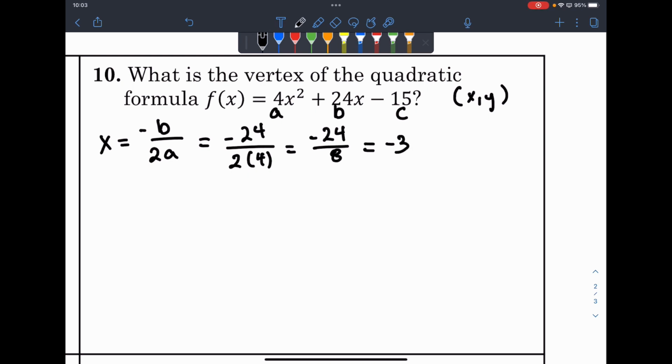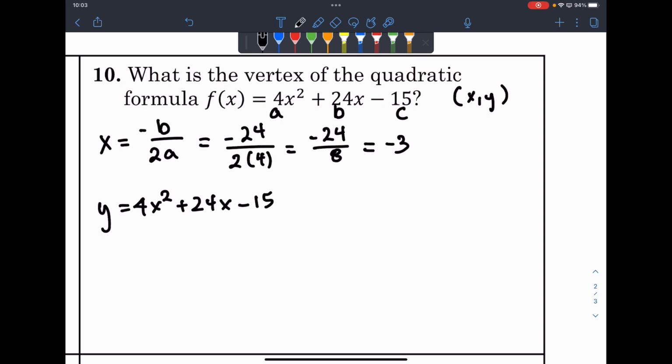Now what we do from here is that we're going to plug in this value. Since now we know what the x value is, we figure out the y value by plugging it in. Because remember, f of x is the same thing as y. So y equals 4x squared plus 24x minus 15.